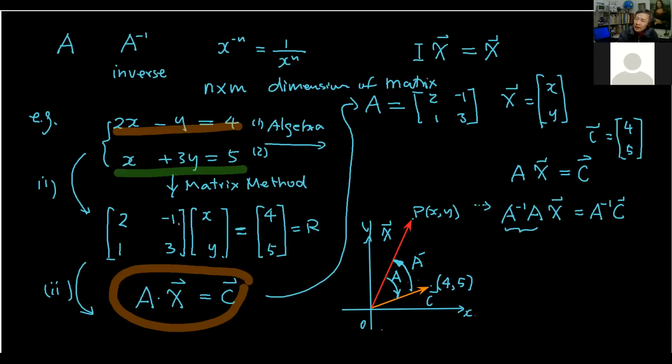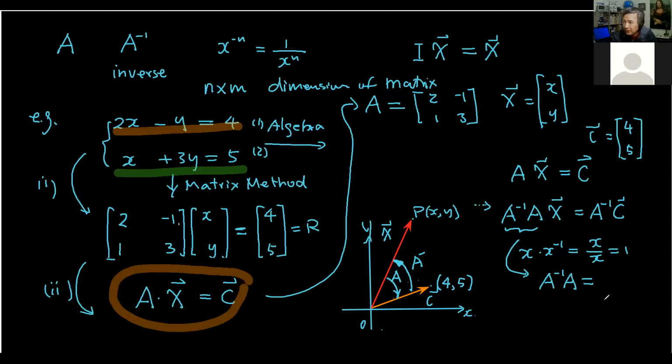In algebra, do you remember x times x to the power of minus 1, what do you get? x to the power of 0, which is 1. So x divided by x equals 1. Similarly, in matrix, what would you expect?